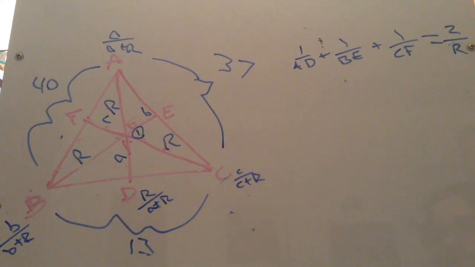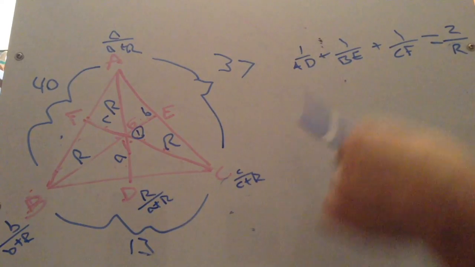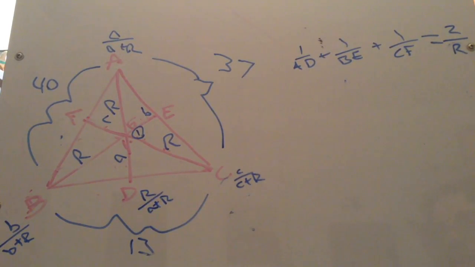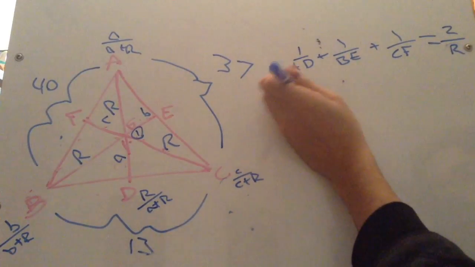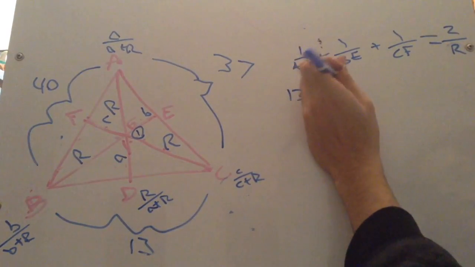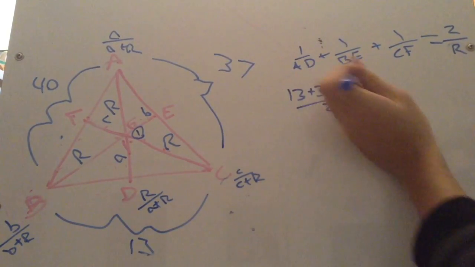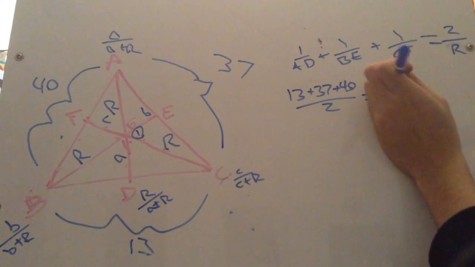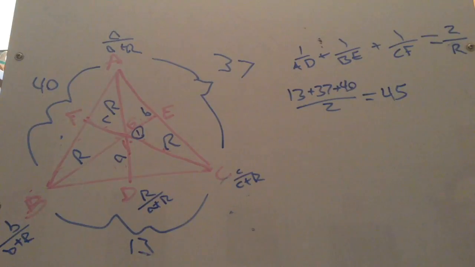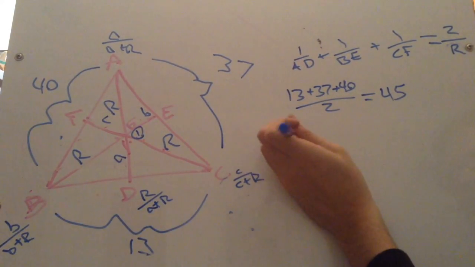Area formulas. To start off, we're going to be using Heron's formula. Very nice formula. We start with the semiperimeter. 13 plus 37 plus 40 is the perimeter, divided by 2 is the semiperimeter. This is 50. 50 plus 40 over 2 is 45, right in the middle. So we have a semiperimeter of 45.